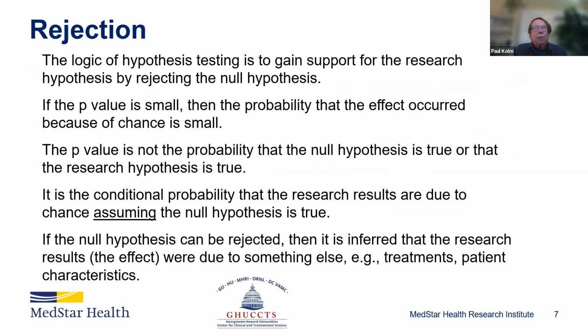It's a conditional probability that the research results are due to chance if we assume the null hypothesis is true. And if the null hypothesis can be rejected, then we infer that the results that we get were due to something else other than random sampling error, primarily our treatments or our therapies or whatever our intervention might be that we're interested in.